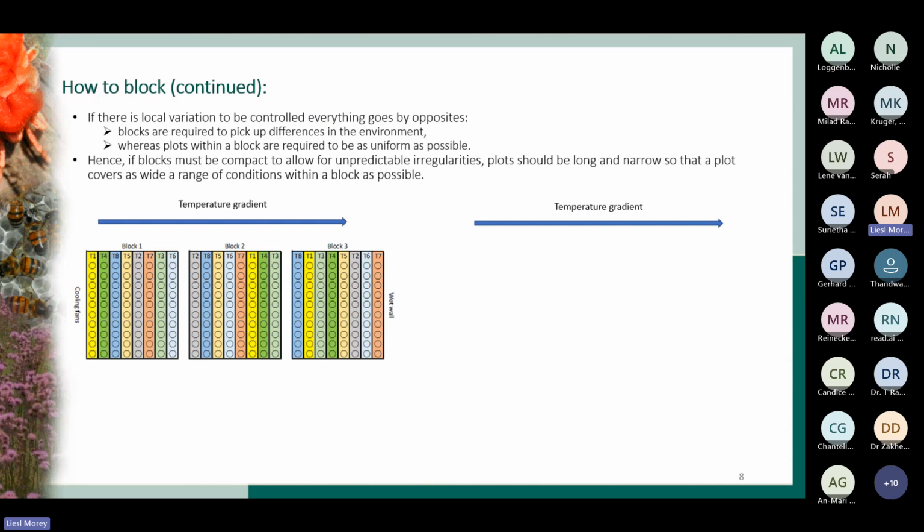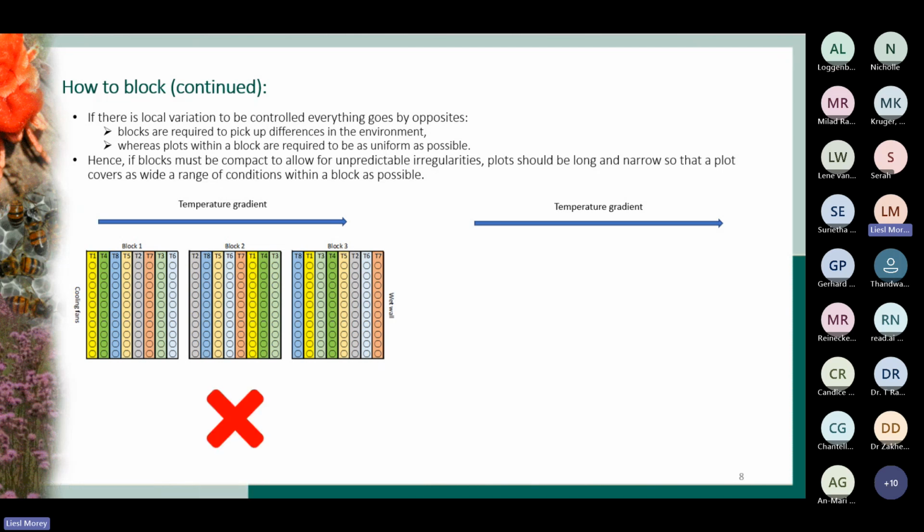Sometimes you have more than one pot or plant per experimental unit. In this case, I have 10 pots or plants. So if you have a temperature gradient going that way, we've arranged our blocks to go from left to right. So if you arrange your treatments like this, treatment 1 will be closest to the cooling fan and treatment 6 will be farthest, even if that is in block 1.